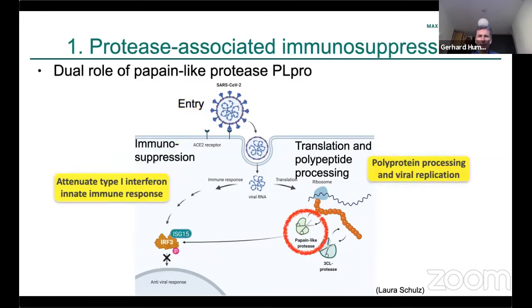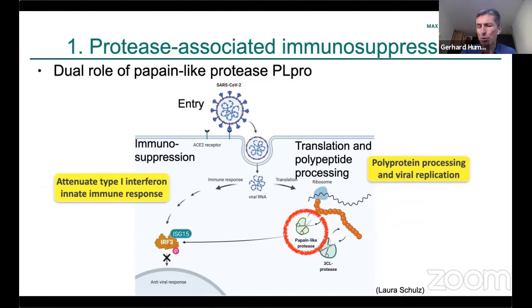So in the first part, I will concentrate on the so-called papain-like protease. This is a protease that has multiple functions, and this, of course, is common in this very dense viral genome, that proteins do a bit of moonlighting.